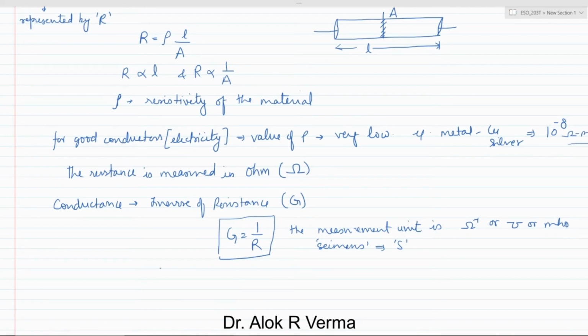So for metals or good conductors, the conductance should be as high as possible.